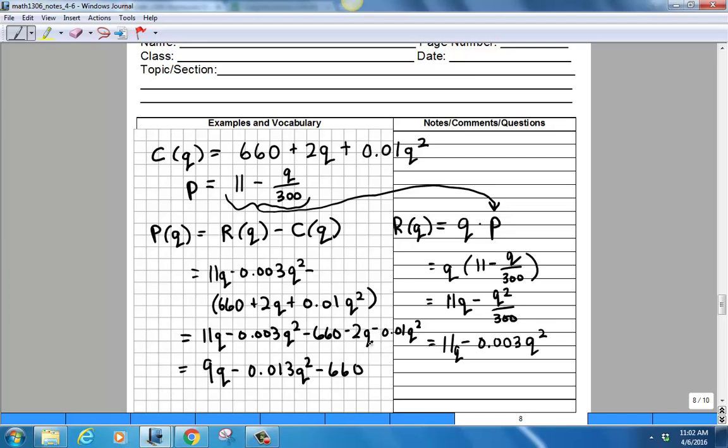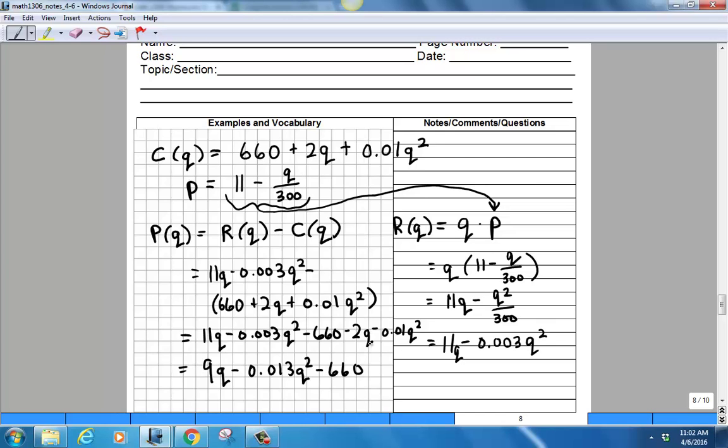Okay. And now, how do we find out where the profit was maximized? You're looking for where the rate of change is what? That's right. You're looking for where the marginal profit is 0.